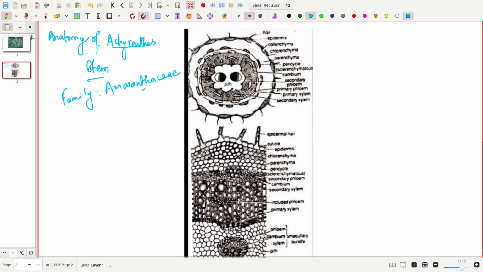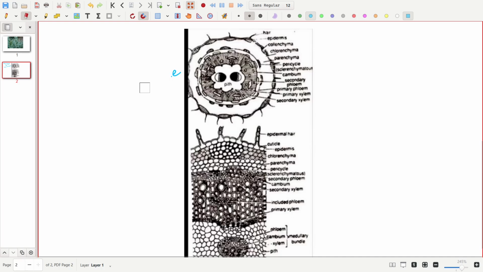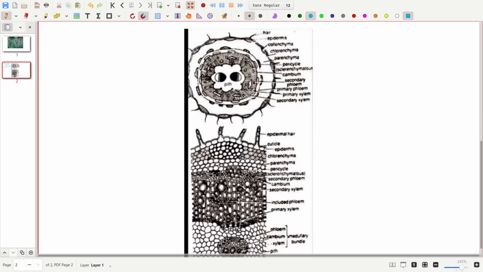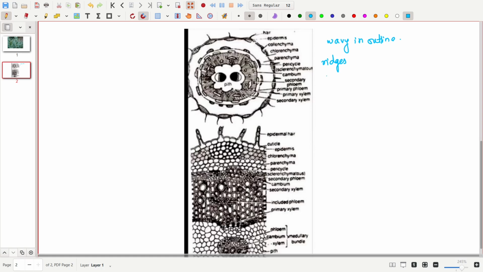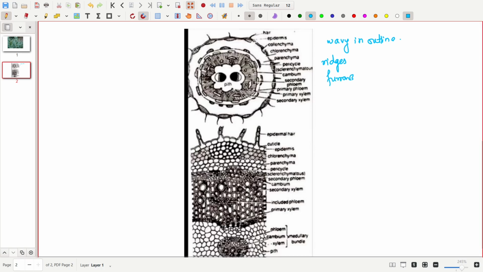Now let's reveal the transverse section one by one. Here you can see the transverse section of the stem. It is wavy in outline, with ridges and furrows.